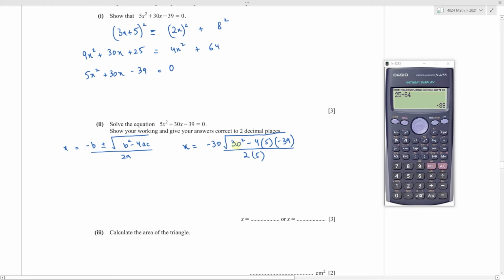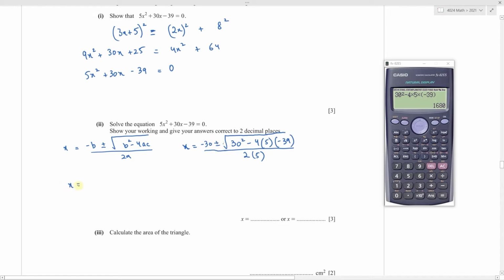So let me calculate the value inside the root. 30 square minus 4 into 5 into minus 39. So this is 1680. So this is plus minus here, forgot to write that. Minus 30 plus minus square root of this.